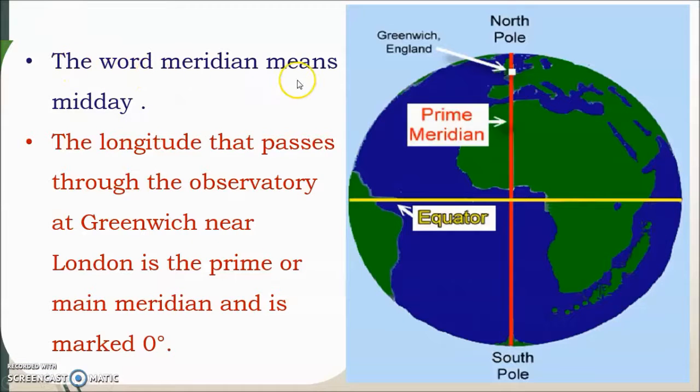The word meridian means midday, and hence a meridian of longitude joins places which have midday at the same time. The longitude that passes through the observatory at Greenwich, England, is the prime or the main meridian, which is marked at 0 degrees.